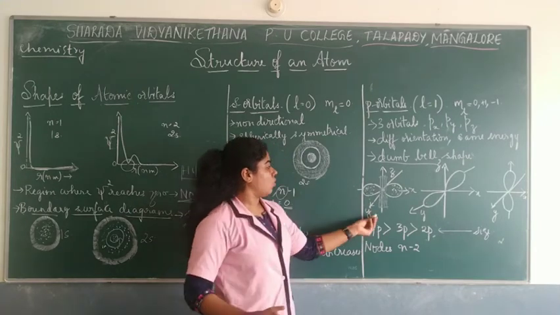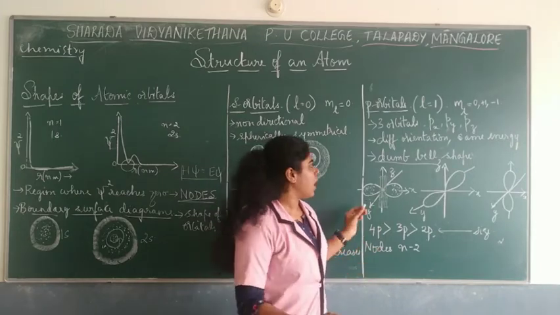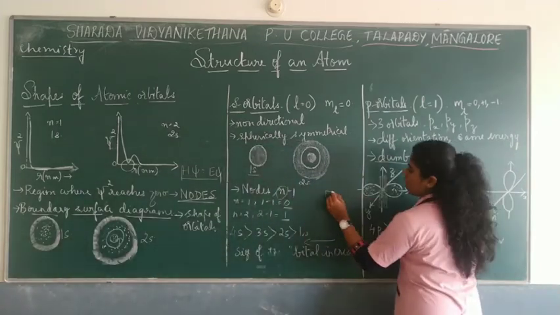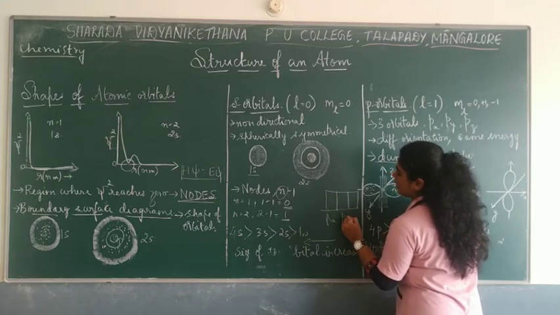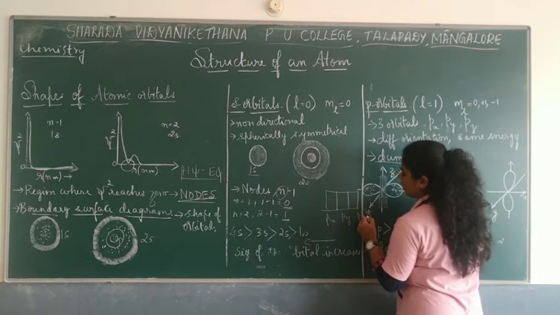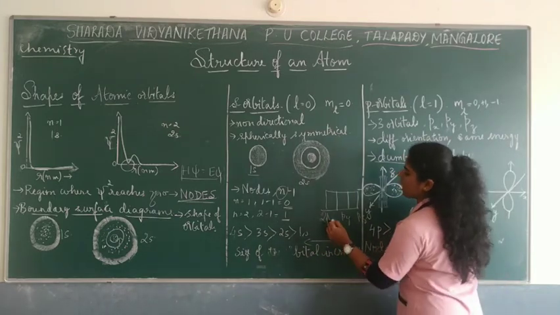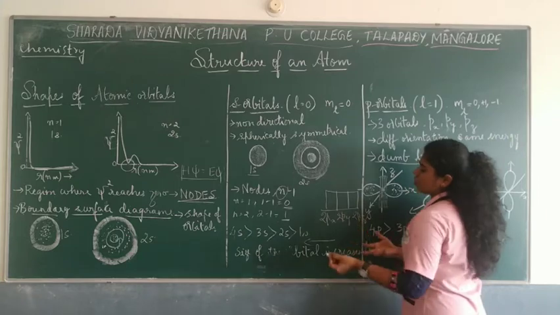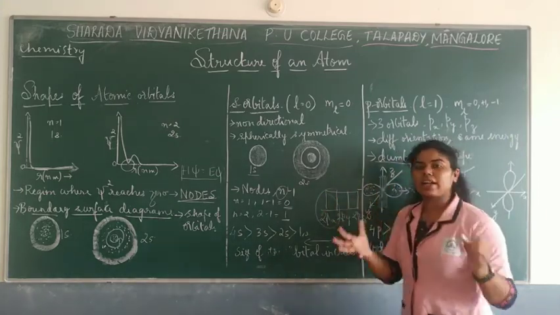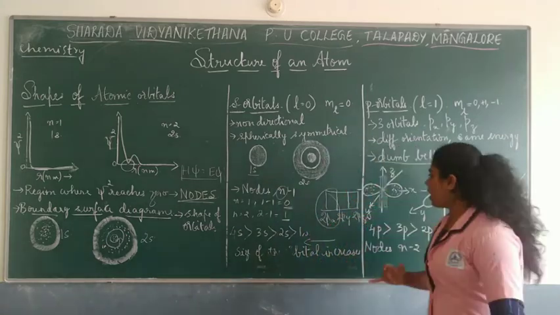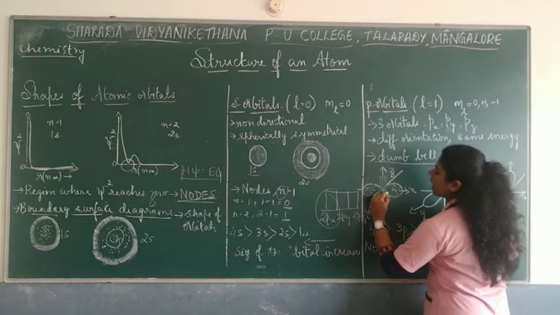Now talking about the first one, the px orbital. As I told you, p orbitals can be written as three boxes, where the first one would be px, then py, and then pz. Imagine you have the second shell: 2px, 2py, 2pz. This is how you denote it. Now what kind of shape does 2px have? Here 2px means it passes through the x axis.